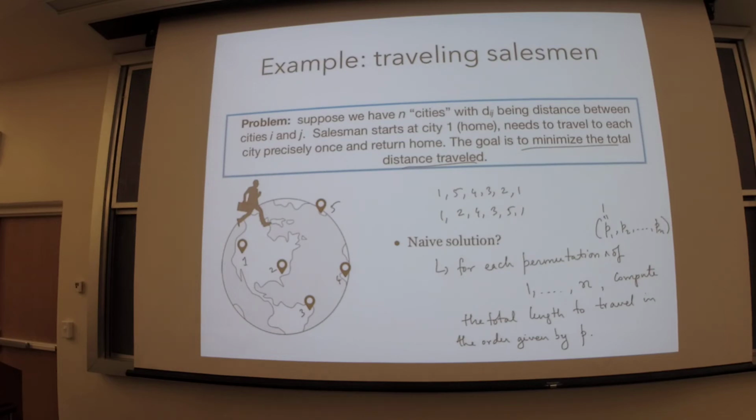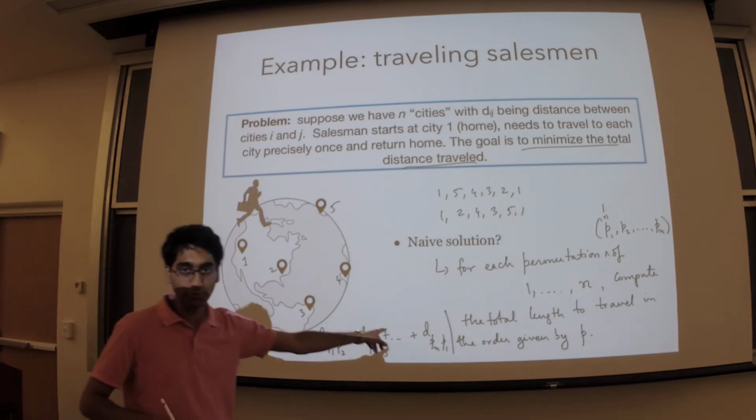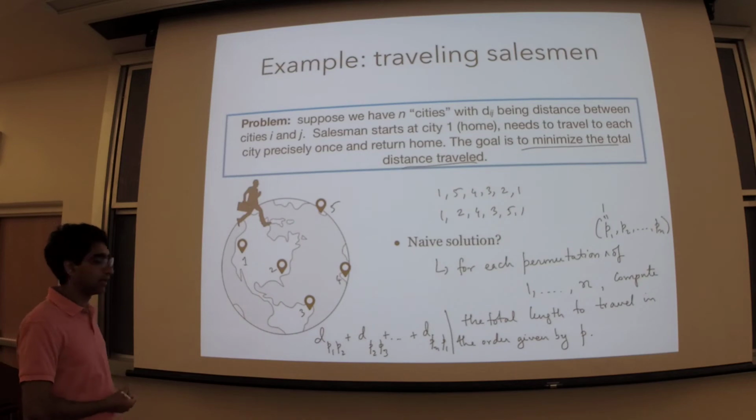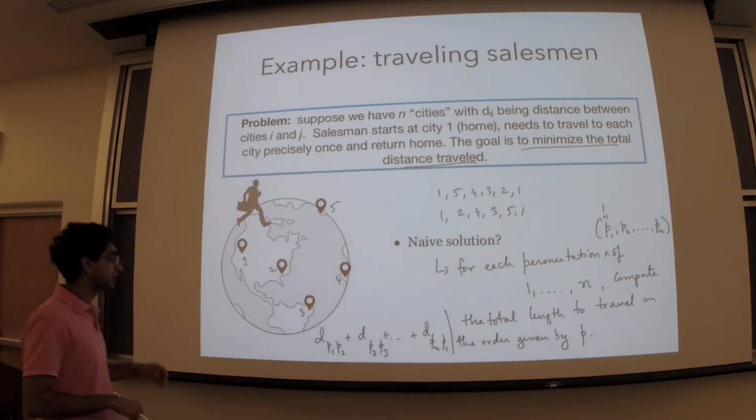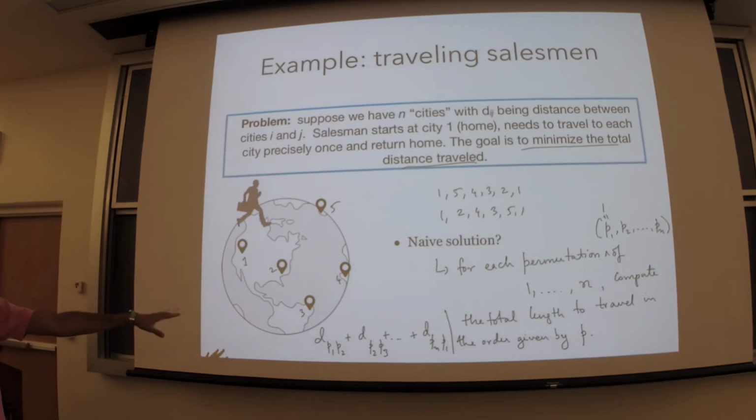You look at d(P1, P2) plus d(P2, P3), and so on, plus d(Pn, P1). Okay, because you have to come back to P1. And that's the order in which you're going to travel, and you find a P that minimizes this. And you run over all permutations.